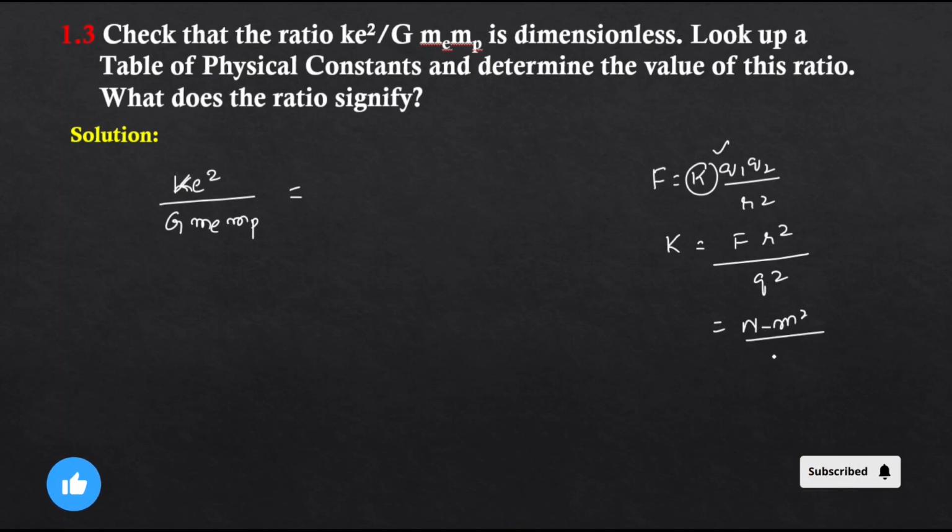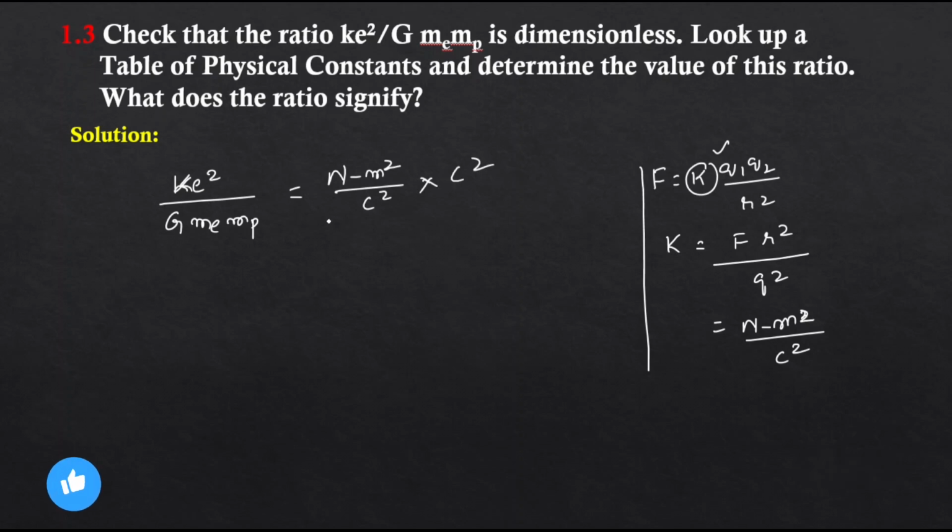Charge unit is Coulomb, so we get Coulomb square. So K units is Newton meter square per Coulomb square. I am writing here Newton meter square by Coulomb square into, here e is the charge of the electron or proton, so the units is Coulomb square.